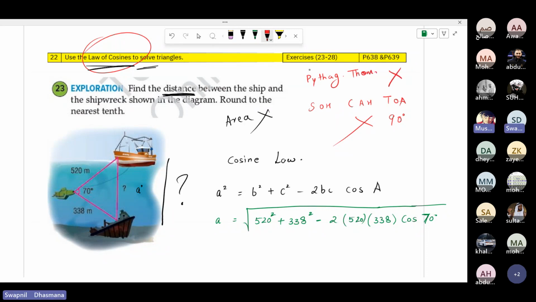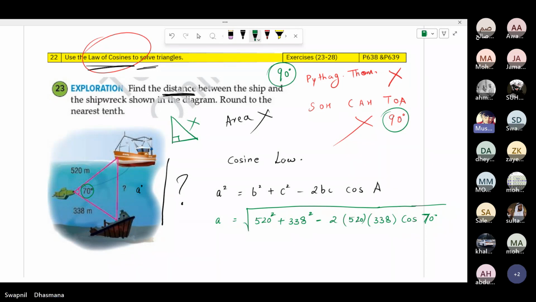No, because for Pythagoras you also need a right angle. So for both SOHCAHTOA and Pythagoras you need a 90-degree triangle. Is this 90 degrees? No, this is 70 degrees.